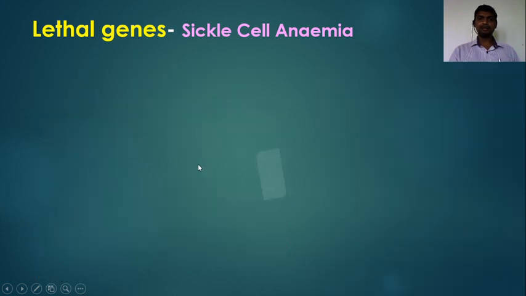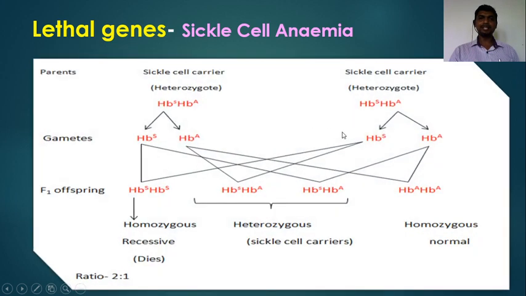Now we are going to study the inheritance of sickle cell anemia. Suppose one parent is a sickle cell carrier, a heterozygote, meaning it possesses only one allele for sickle cell anemia. The other parent is also a sickle cell carrier, also heterozygous.